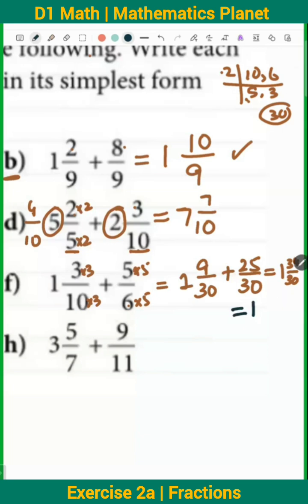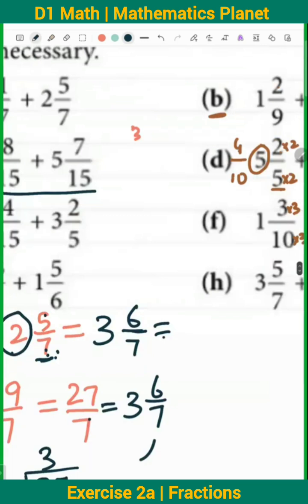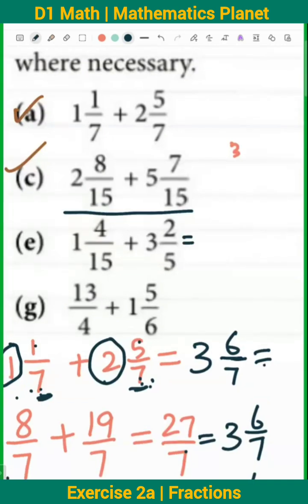Okay. Coming to part E. Who is going to help me in part E? Miss, can I? Yes, Harim. Please answer. Miss, can I answer? Yes, Harim. Yes, Miss. Can you answer part E? Yes, Miss.